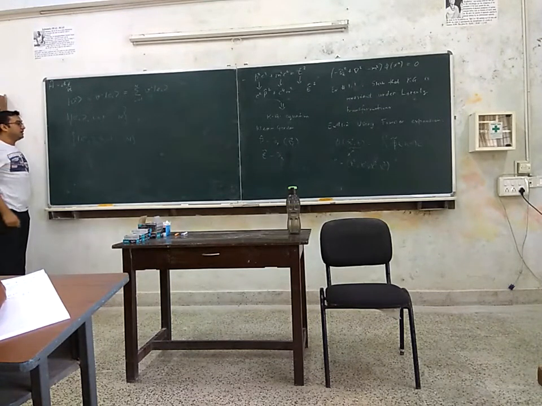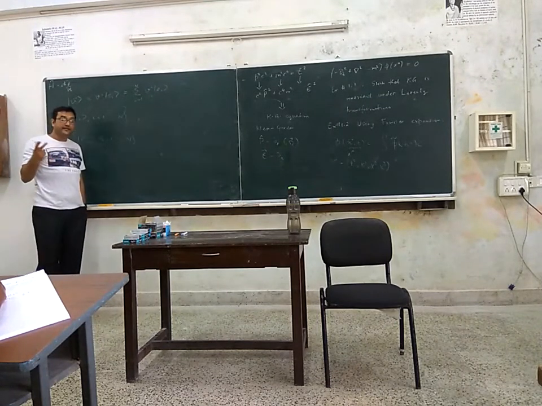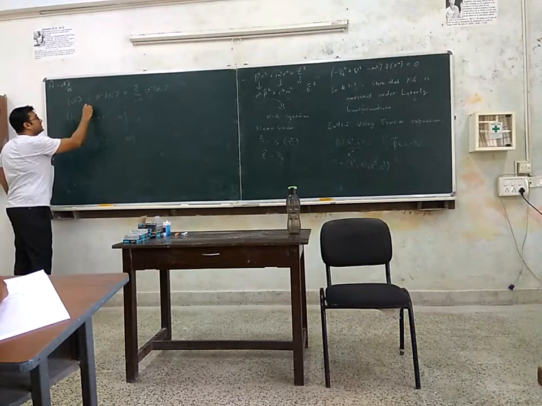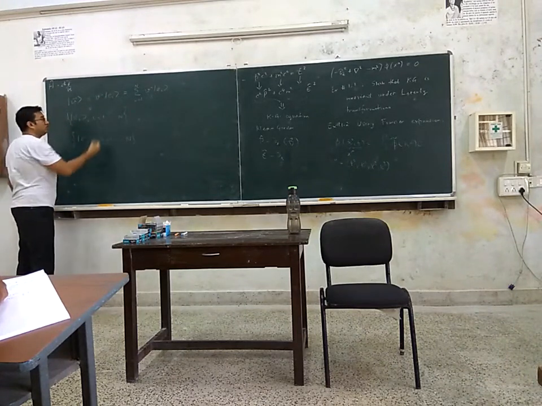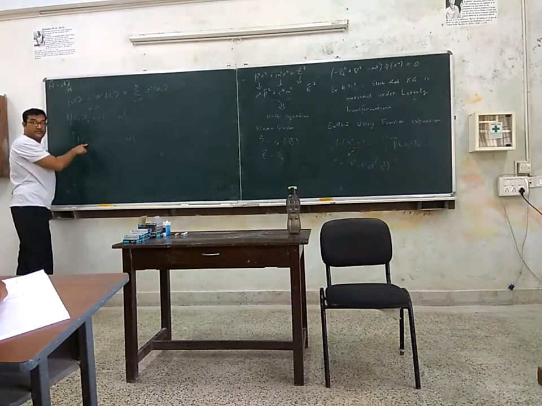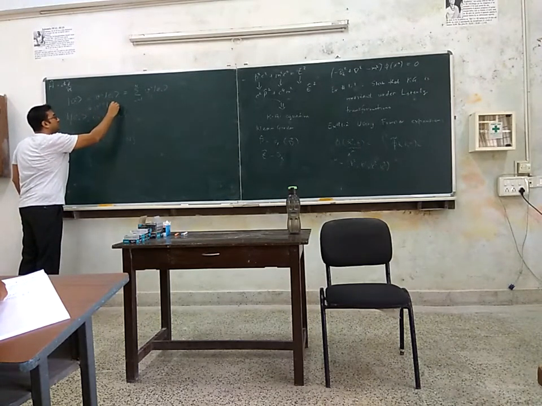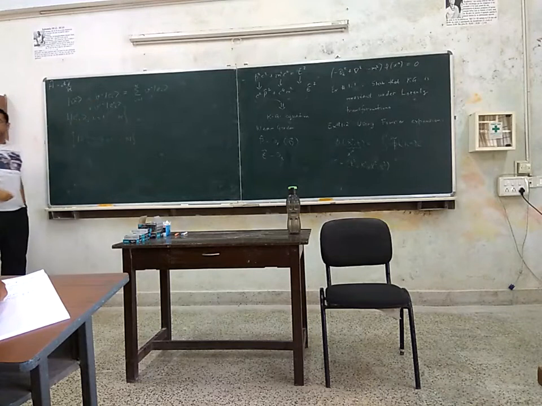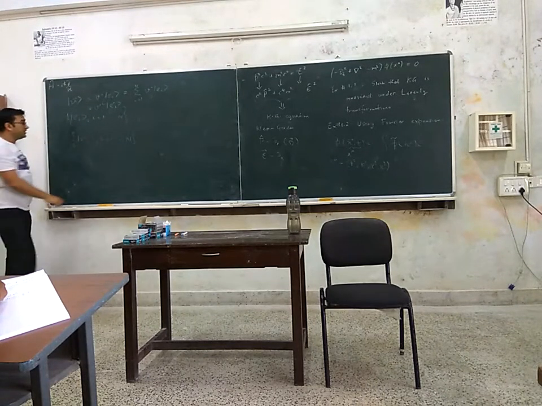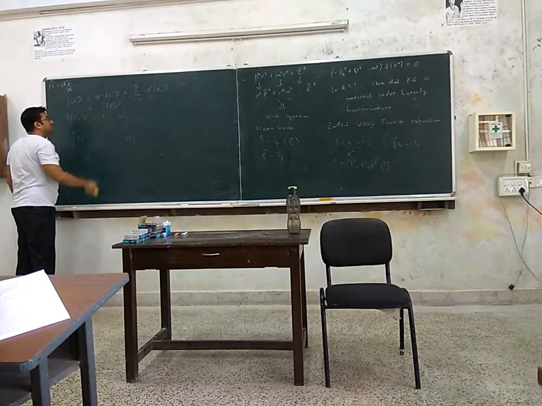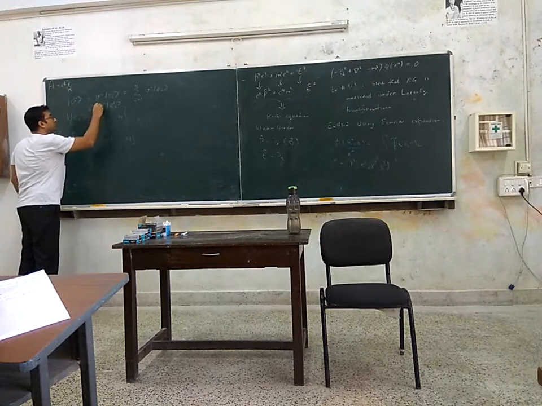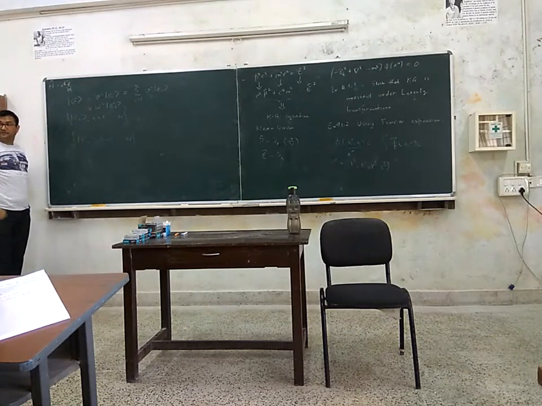So if I have a vector, I can write it in terms of either this basis or this basis. Now my coefficients will be different, so maybe I'll call this W, but it's the same vector.